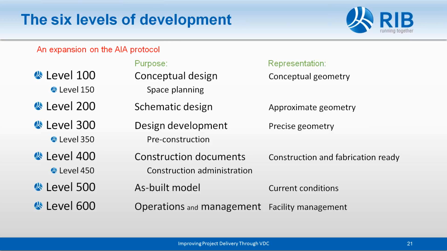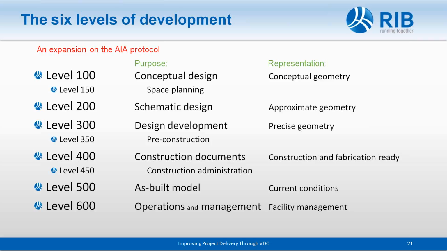Okay, the AIA has published a series of levels and defined what they each mean. This is an expanded list. The AIA's official levels only go 100 to 500. This list is slightly expanded. Some contractors have in-house enhanced the AIA protocol list of levels, and they've added 450.